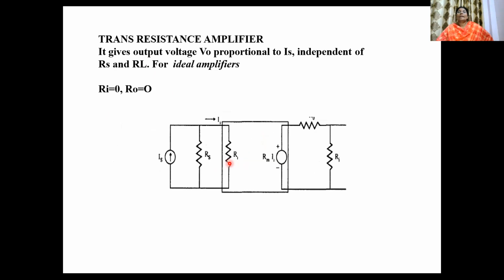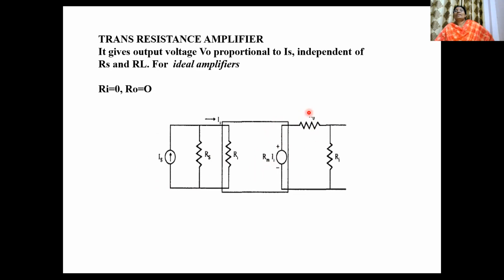Then we'll go for the transresistance amplifier. The transresistance amplifier is nothing but the output is a voltage source and the input is a current source. The output voltage, that is Rm into Ii, represents the voltage source, and that voltage source is in series with the resistance R0. That is nothing but the Thevenin equivalent model.